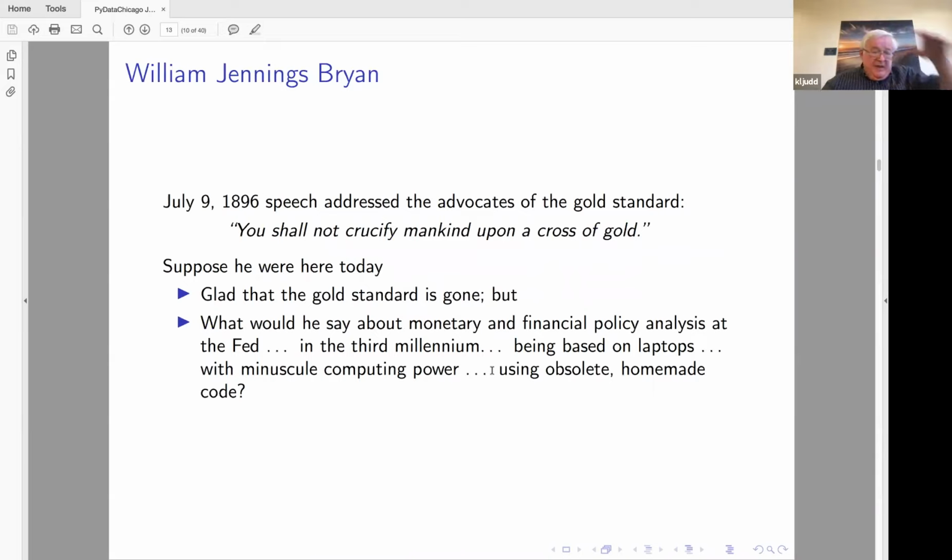Now, some of you may recall from a history course the famous 1896 speech of William Jennings Bryan, where he argued against the gold standard, saying that you shall not crucify mankind upon a cross of gold. That was the kind of rhetoric 125 years ago.